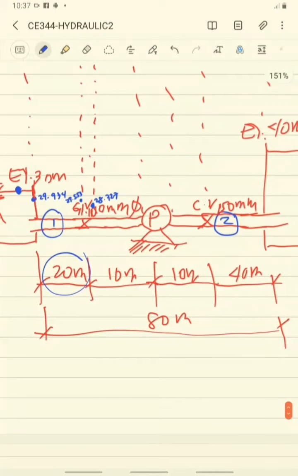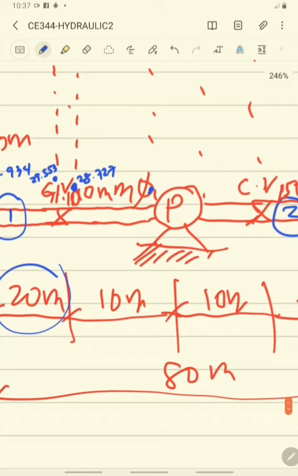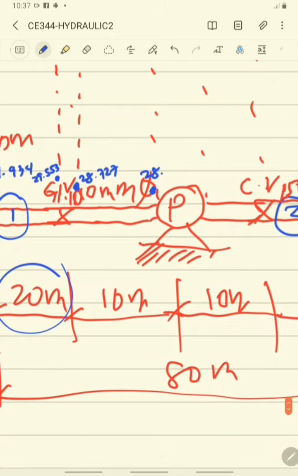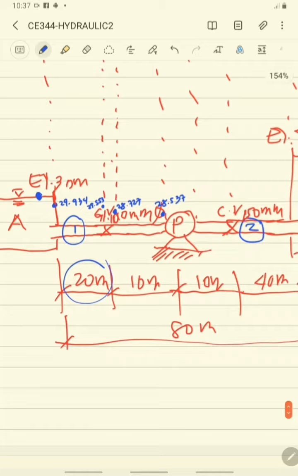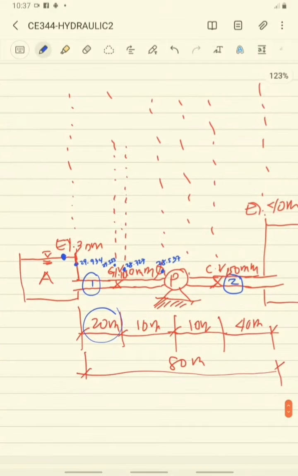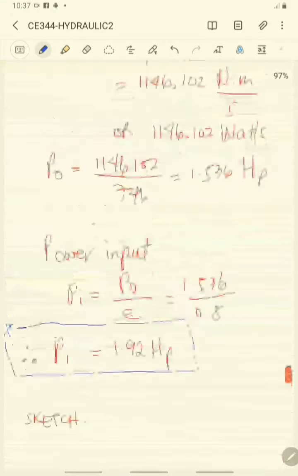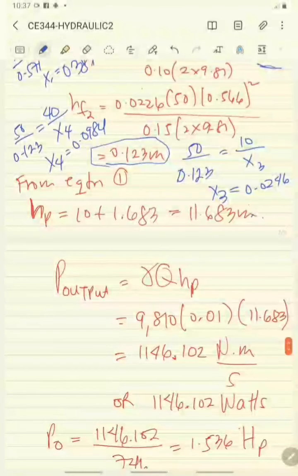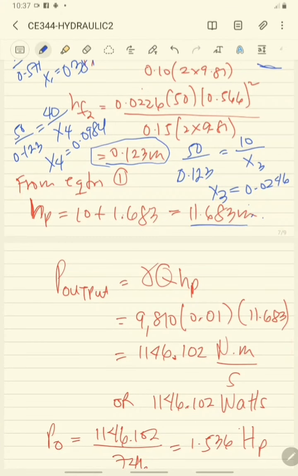So I have to zoom, so maybe there. 28.537. Anyway, it's fine as long as you have the elevations. Then next is the pump. We have the head of the pump. So we have to add because it is a pump. That is the head added.